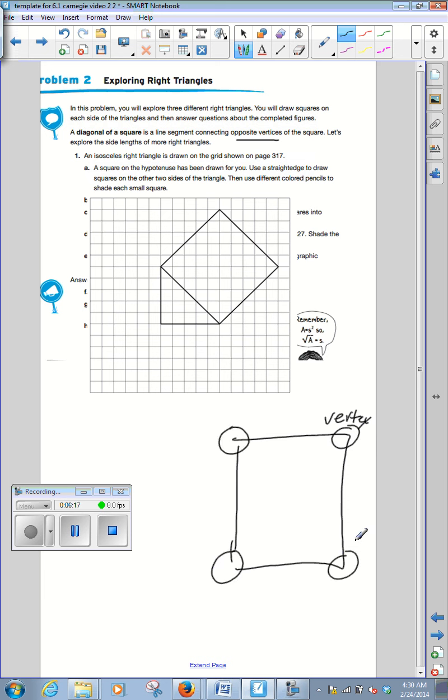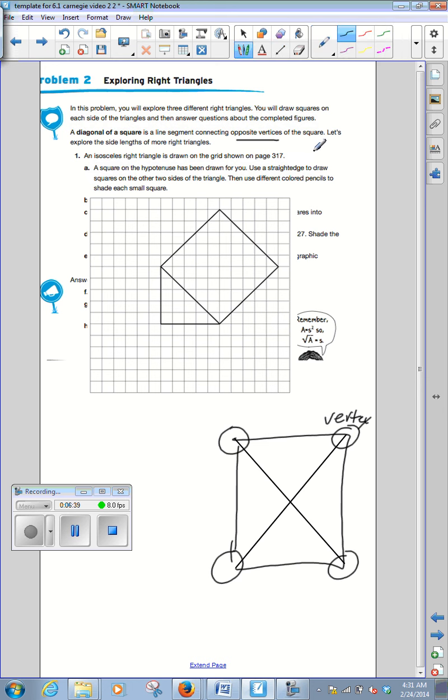So the diagonal of a square, when it says it's a line connecting opposite vertices, they mean it'll be a line that looks like this, just like a diagonal line. We know what a diagonal line is. We're playing tic-tac-toe. We know what up and down and across means. This is what diagonal means. So this is what a diagonal of a square would look like.